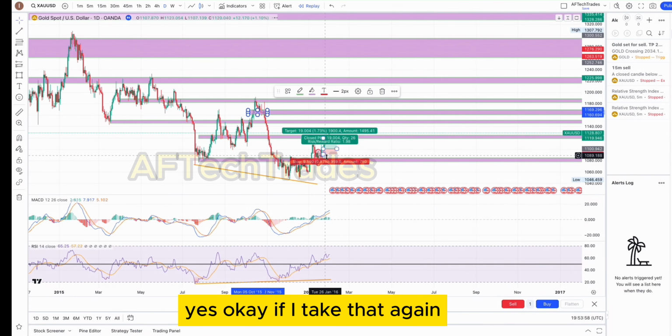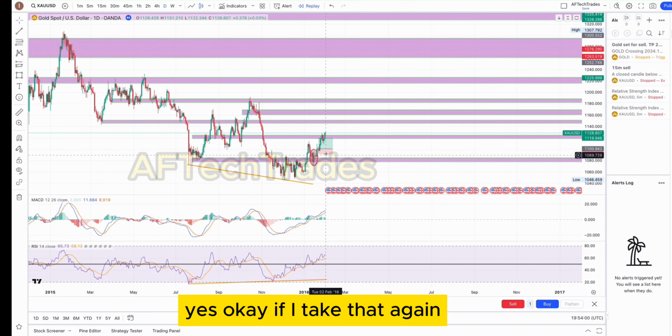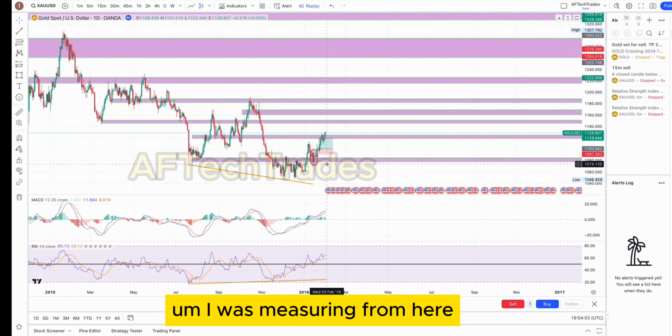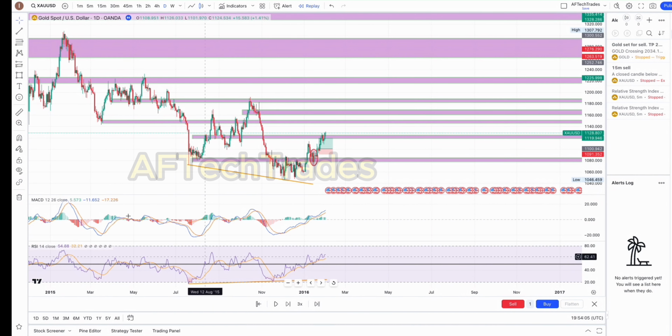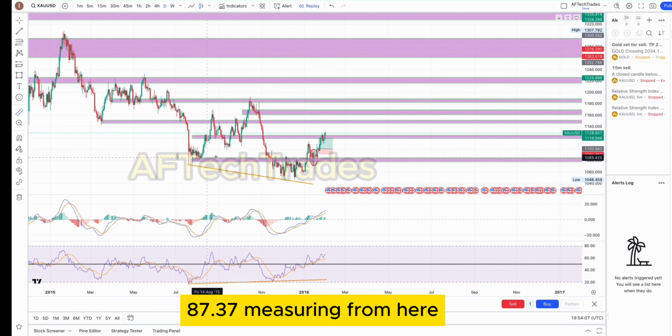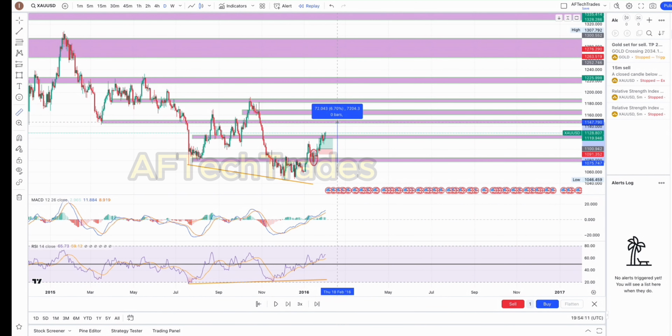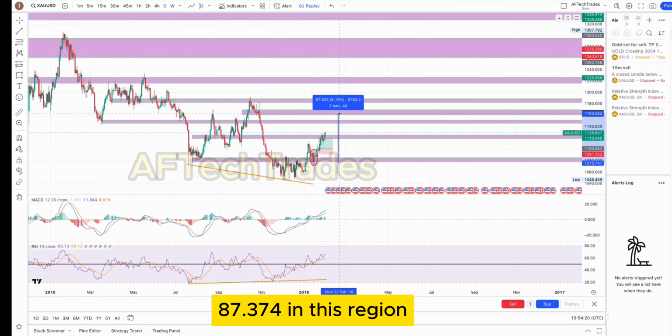Yes. If I take that again, I was measuring from here, 87.37. Measuring from here, 87.37 falls in this region.